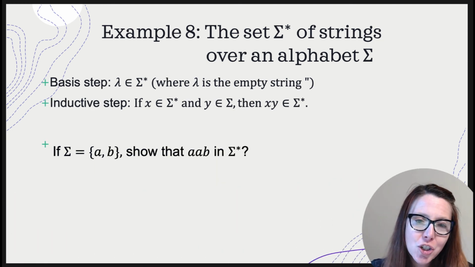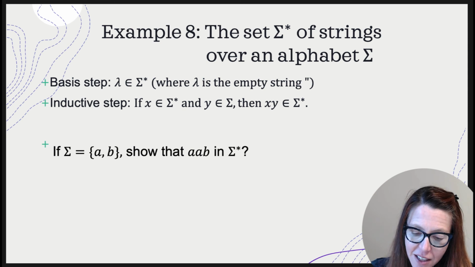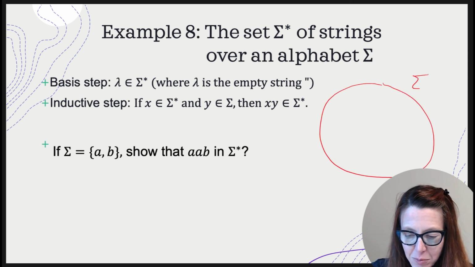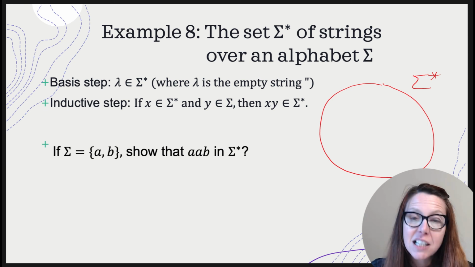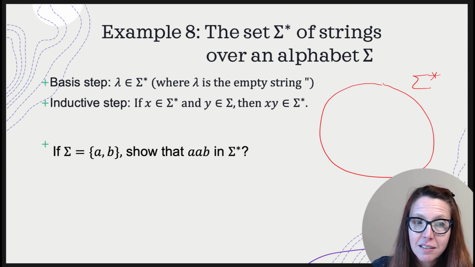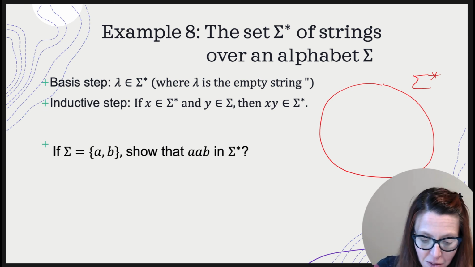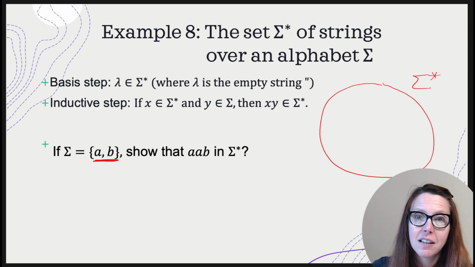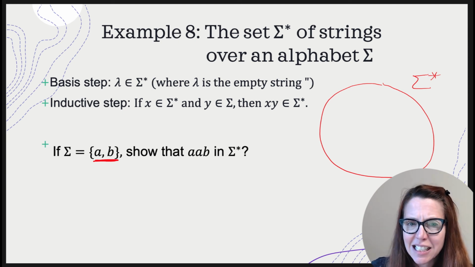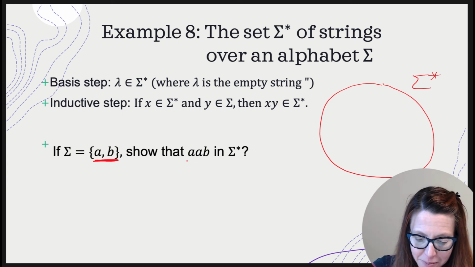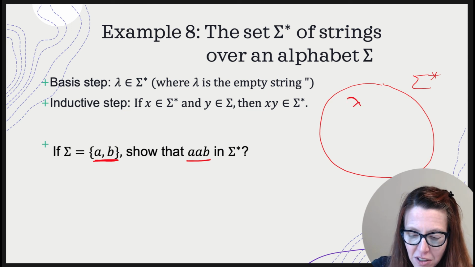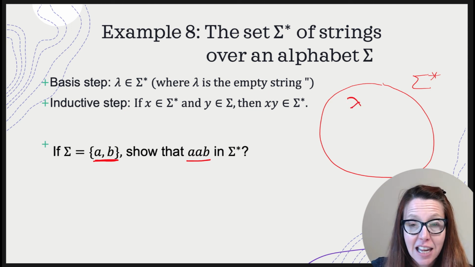What if we want to show that the set of strings that we can create, sigma star, from a specific alphabet sigma, in this case the alphabet that contains the letters A and B, contains a specific element, AAB? We start off with a basis step that is the same.